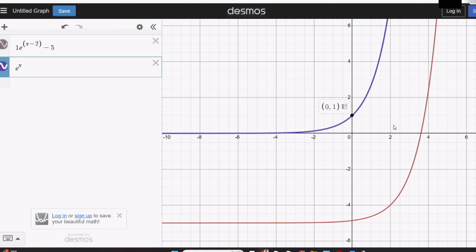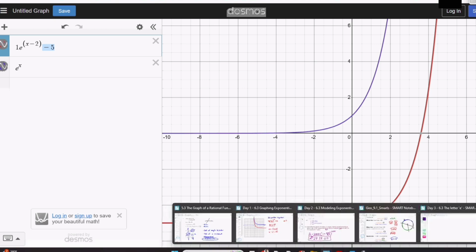So 1, 2, 1, 2, 3, 4, 5. And it is. It's right there at the point 2, comma, negative 4. Now remember, this also originally had a horizontal asymptote of y equals 0. But because this is minus 5 at the end, this is also shifted down 5 to the line y equals negative 5.